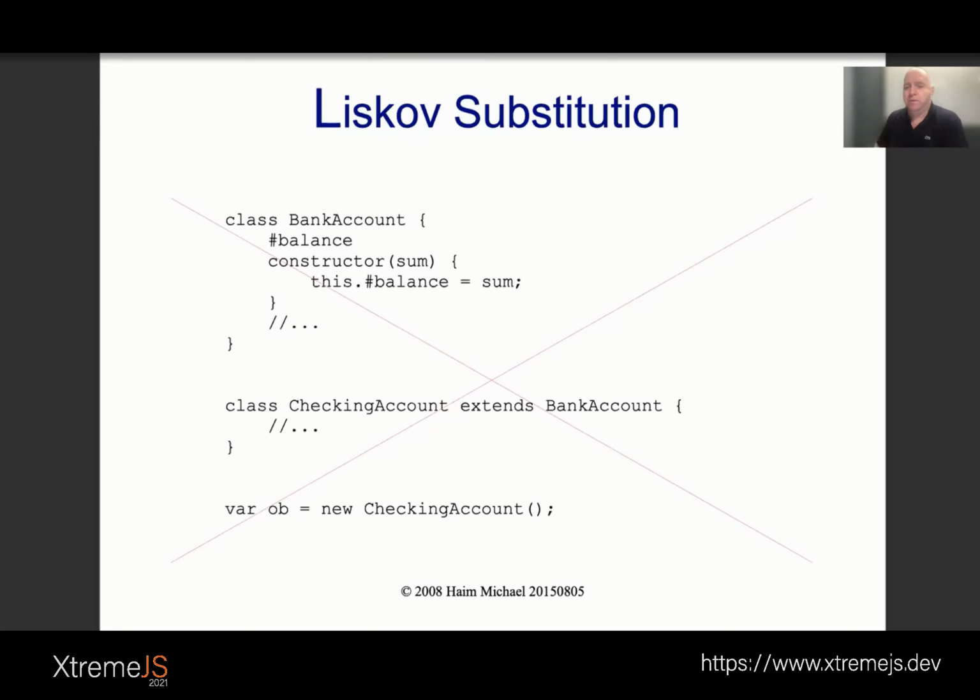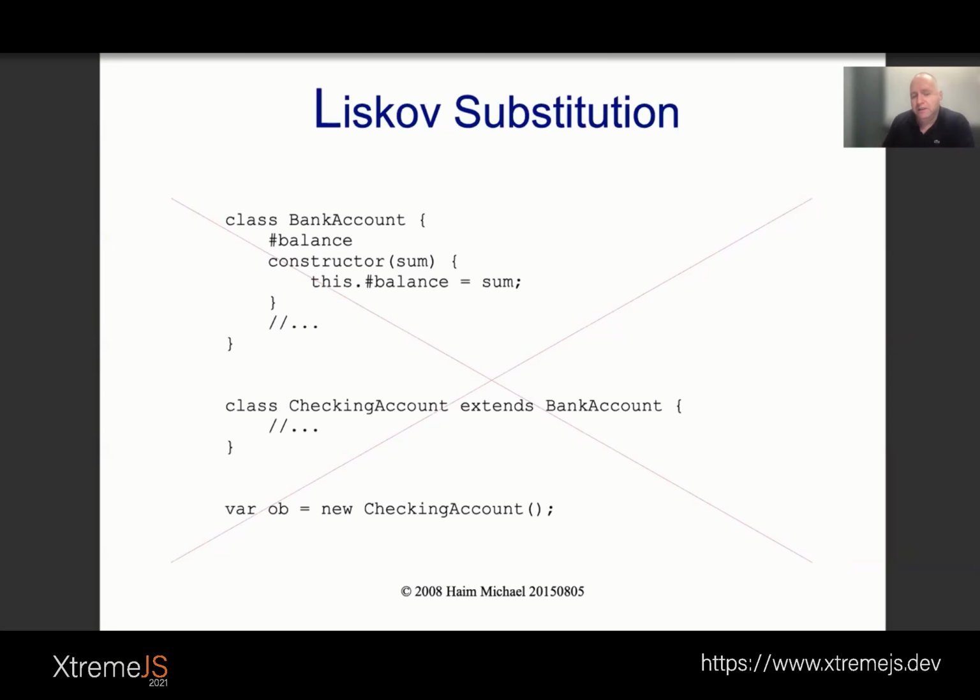Now, if we stick with the Liskov substitution principle, it means that it would be very simple to work with an object instantiated from a checking account instead of working with an object instantiated from bank account.